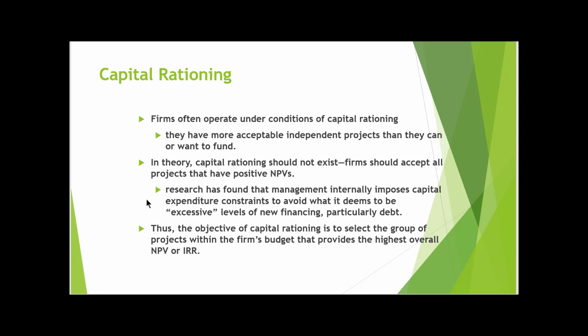So now let's switch gears and talk about something called capital rationing. Capital rationing is really the way business works. Managers will typically set a capital budget. So management says, we're going to spend $50 million next year on projects.